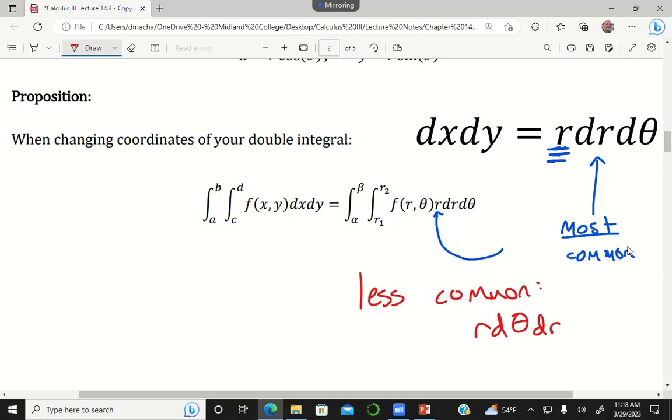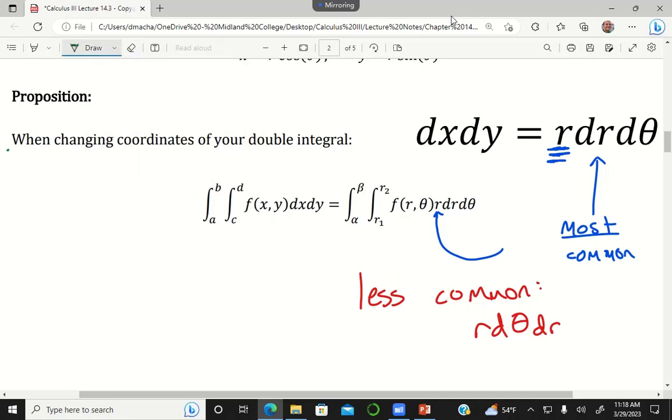Remember, with order of integration, you should get the same answer regardless of which order you use. It's just a matter of choosing the most convenient order of integration, the one that's going to make the problem the easiest to solve. Most of the time this one is very convenient and the other is typically not. I'm not saying it's never convenient, but it's typically not.